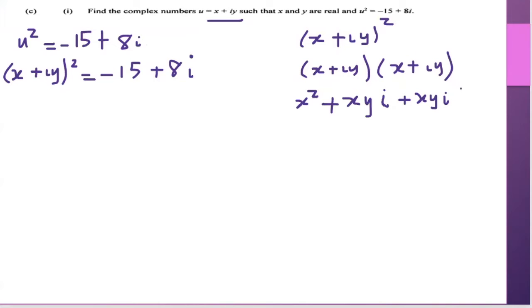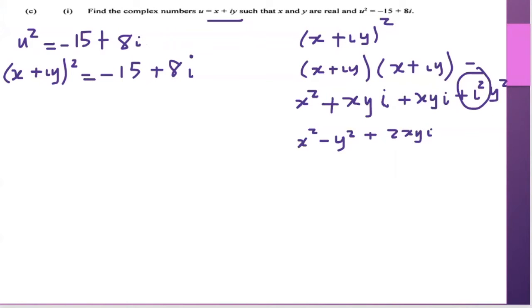Iy times iy is going to give me i square y square, because y times y gives me y square. Now i square is negative 1, so this is going to change to minus. So x square minus y square, because I'm grouping the real together, and then xyi plus xyi will give me 2xyi.